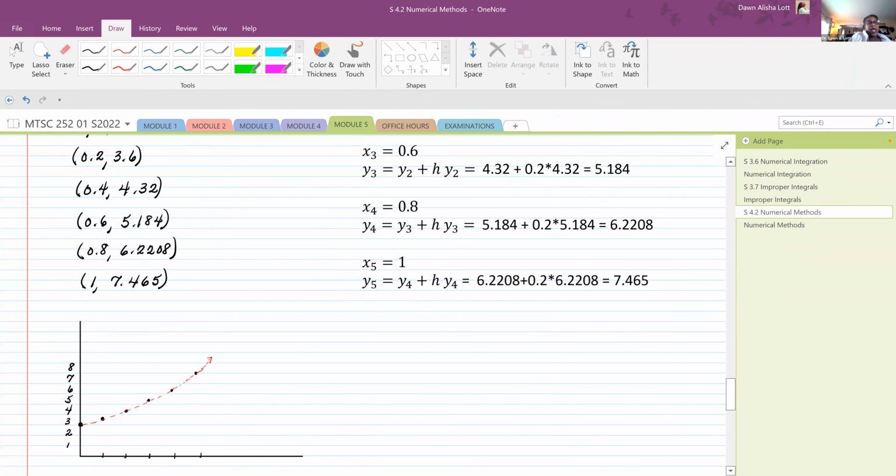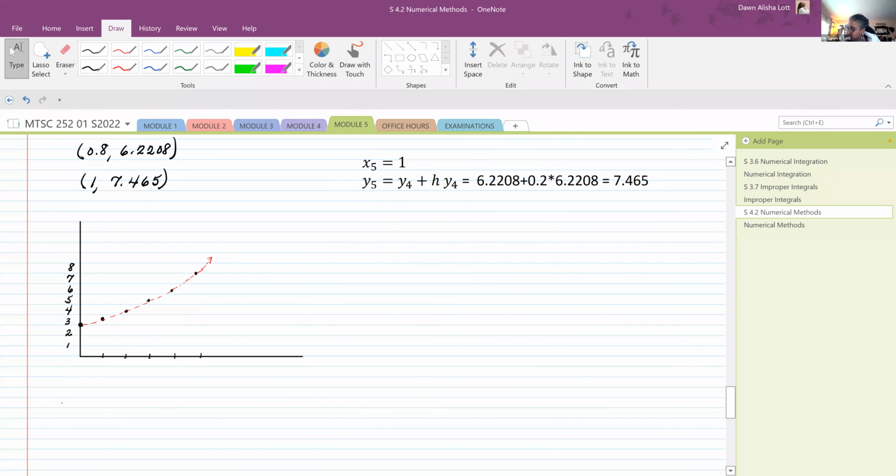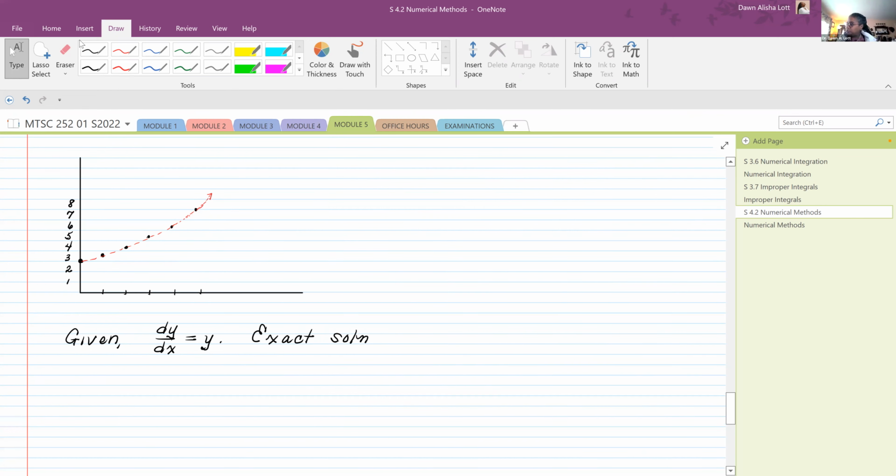Now, the exact solution. So given dy/dx equals y, the exact solution with the initial condition, sorry, I have to give you that y of 0 is 3.